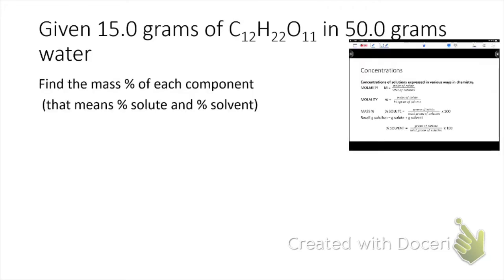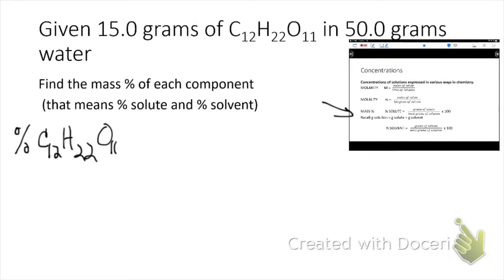Our first problem asks for the percent of each component. A reminder, that just means the percent of your solute and then the percent of the solvent. So if we want to find the percent of our sucrose, we're simply going to take the mass of the sucrose out of the total mass of solution.